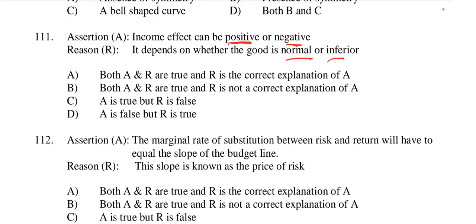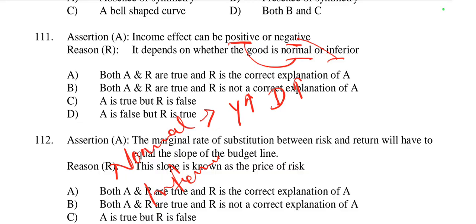In normal good, income effect is positive, but in inferior good, income effect is negative. How? Let's say in normal good, when income rises, the demand rises. But in inferior or low quality good, when income of a person rises, the demand for the inferior good decreases.